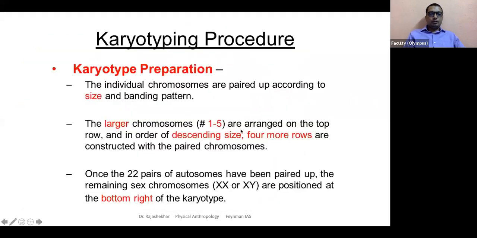The larger chromosomes are arranged on the top, and in descending order of size, we organize the remaining chromosomes in a few more rows. Once we finish organizing all 22 pairs of autosomes, the last ones are the allosomes, or sex chromosomes.